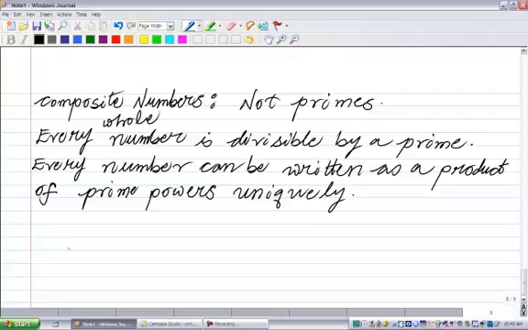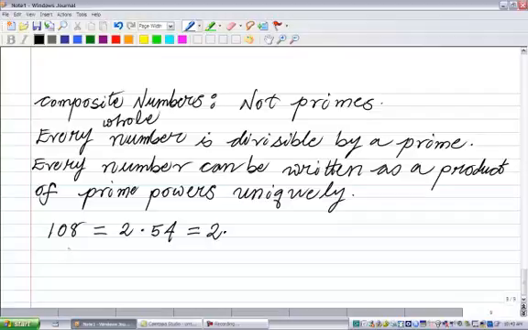Well, here is an example, okay? If I look at the number 108, is it divisible by 2? Yeah, so I can say that it's 2 times, if I divide it by 2, what do I get? 54. Okay, now 54 is still divisible by 2, right?